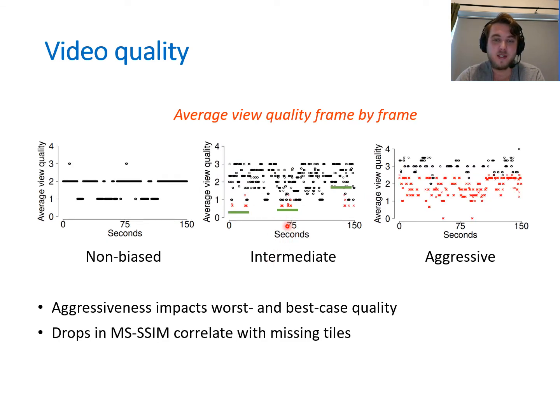And the drops in multi-scale structural similarity correlate with missing tiles. So the red X's in this graph indicate that some tile in view was of quality level 0, so it was just black for the viewer. Meanwhile, you can see these three green lines here that correlate with the previous graph. And in this graph, this happens too often.